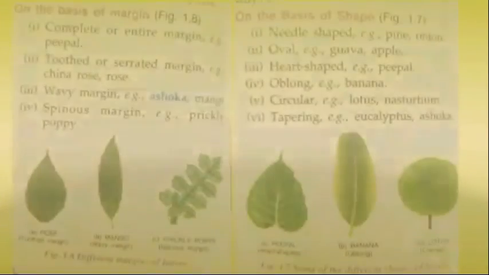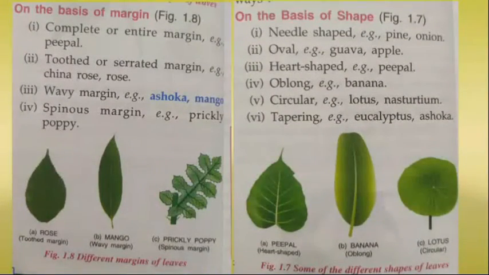The next topic which we are going to study is classification of leaves. Leaves are classified according to their shape, size, margin, etc. So let us study the different types of classifications given in this lesson. On the basis of margin, leaves are classified as entire margin, toothed or serrated margin, wavy margin and spinous margin.